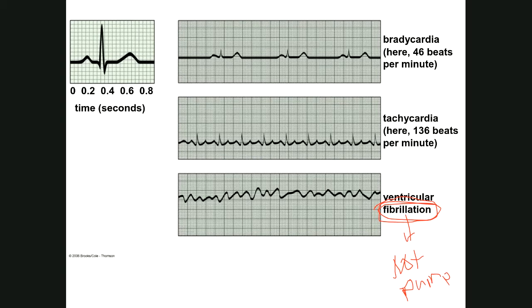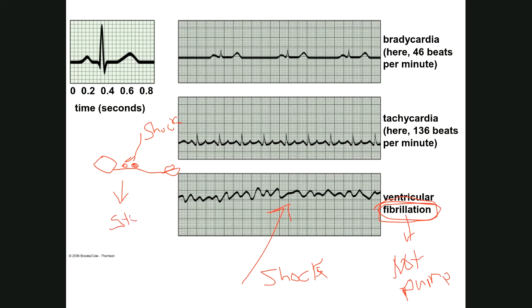So the way they fix this is they shock the heart. They use fairly high voltage and they shock the heart. Now it can be done on the chest wall. So they use these paddles on the chest wall here and here, and they send a pretty high voltage. And what it does when you shock the heart is it stops the heart.